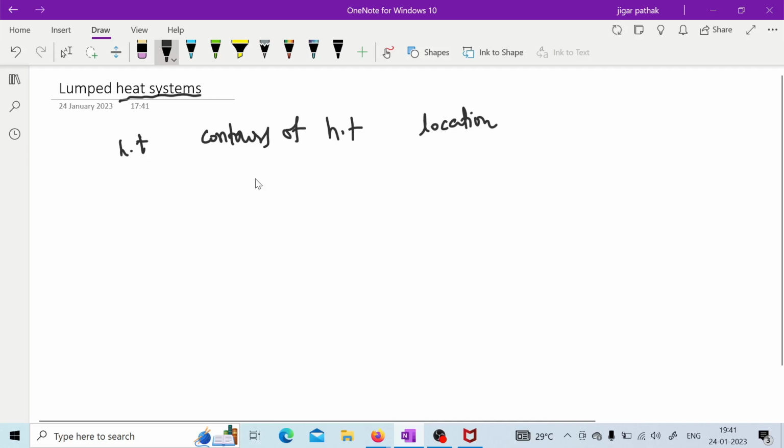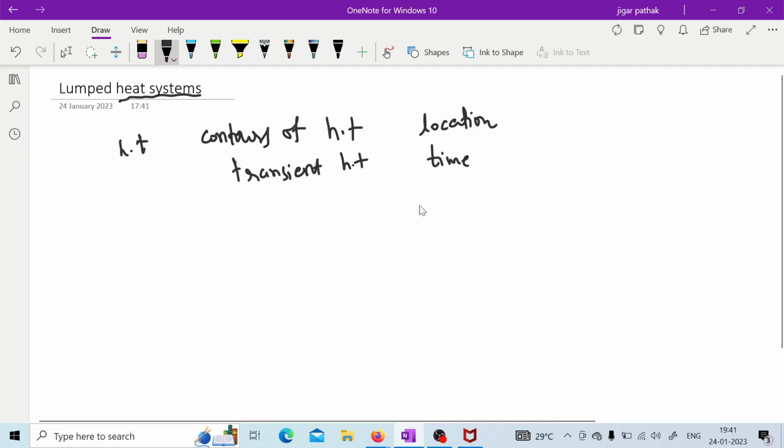And the other is transient, which means with respect to time it is going to change. So with respect to location and with respect to time, heat is going to change.